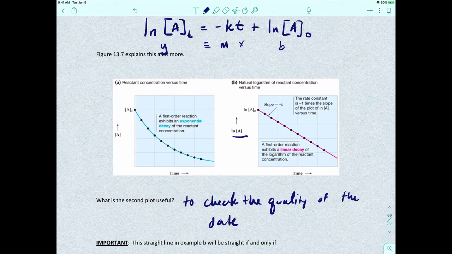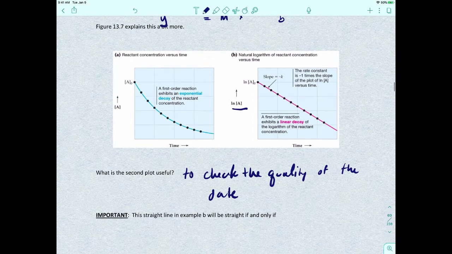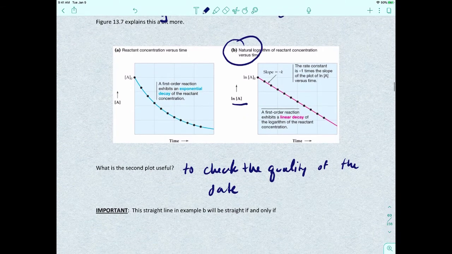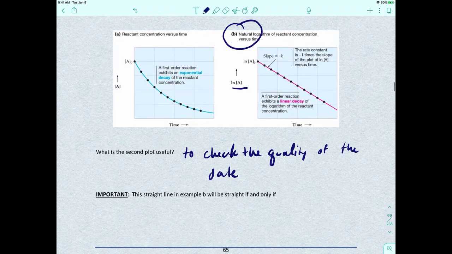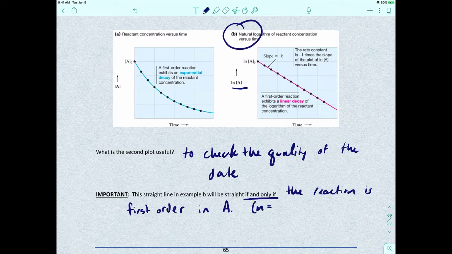All right. So this brings me to a really, really important point. The straight line in this second example that I'm circling, example B, will be straight if and only if, and I'm going to underline that, if and only if the reaction is first order in A. That means the exponent has to be m equals 1.